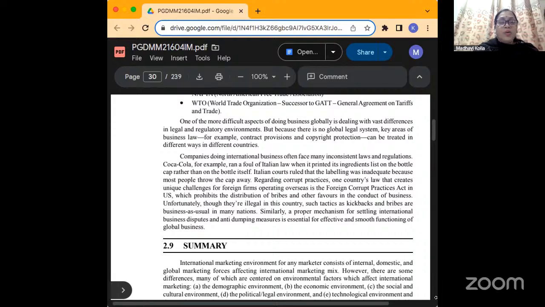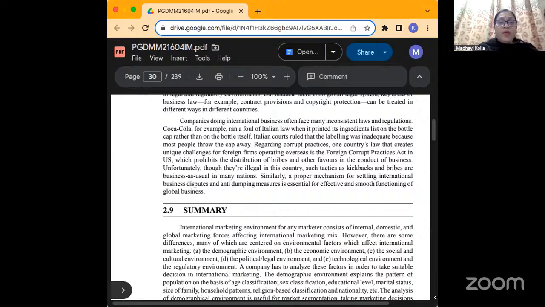However, they do set certain norms, but in some instances they can ratify, but they cannot insist that it has to be followed to the T, because the host nation may have a different perspective. So, overall, companies doing international business may face many inconsistent laws and regulations. Coca Cola, for example, ran afoul of Italian law.